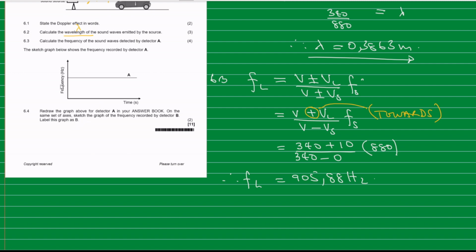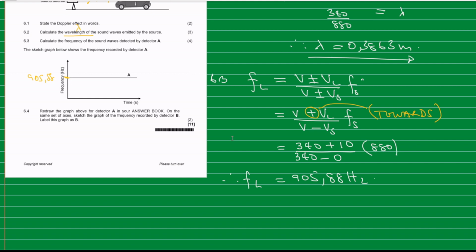What we know here is detector A is detecting a sound of 905.88 Hertz. That is the value of A there.